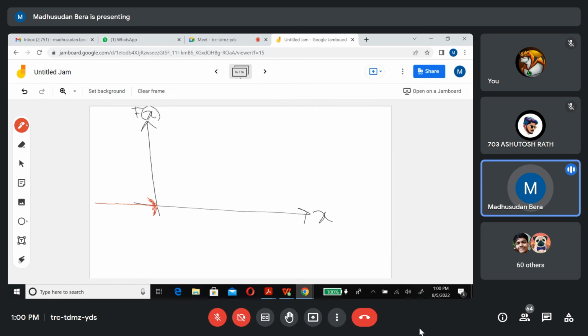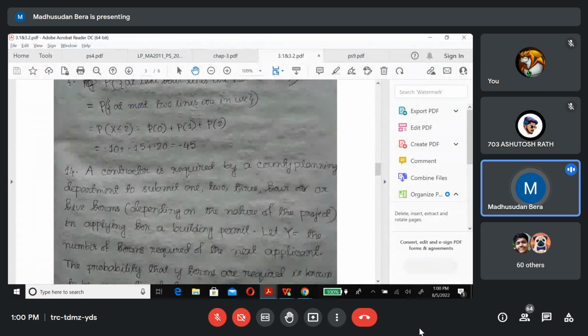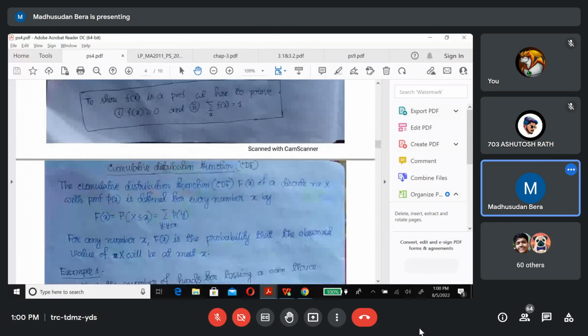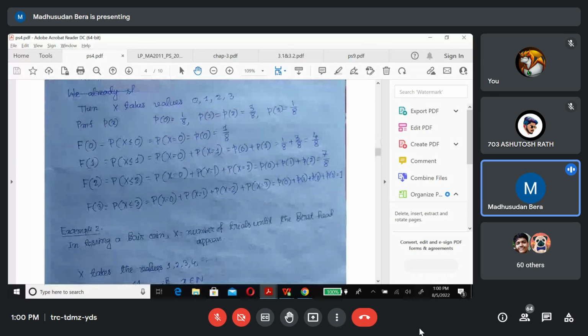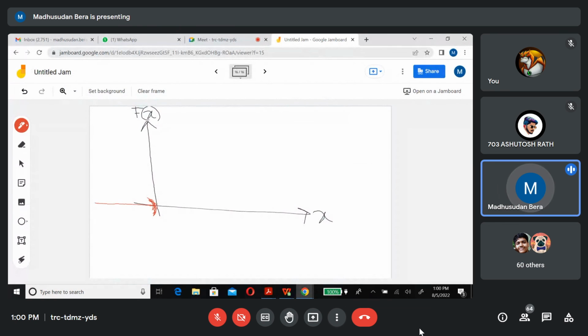Then at 0, what is the value? I have calculated it here. At 0 the value is 1 by 8, so suppose this is the height 1 by 8.